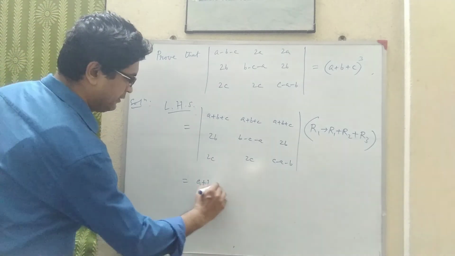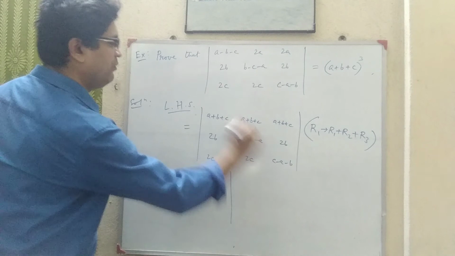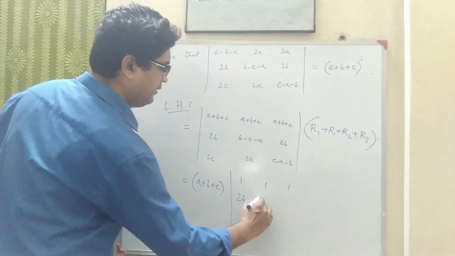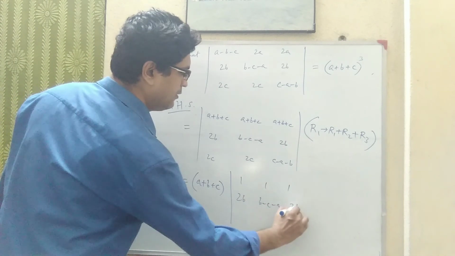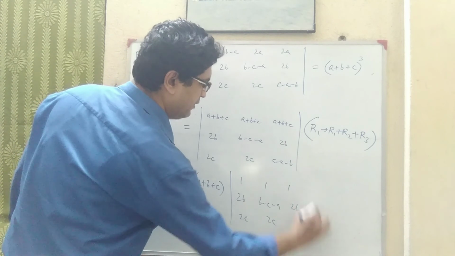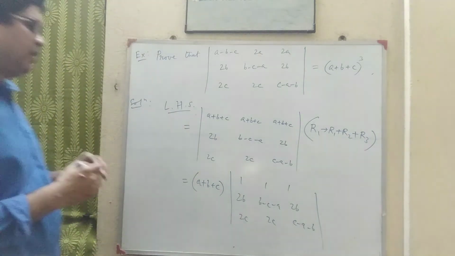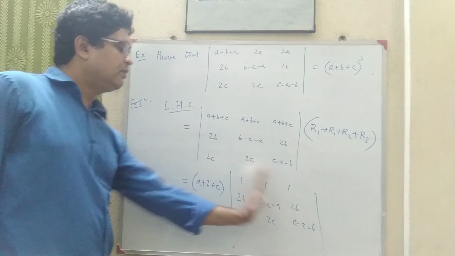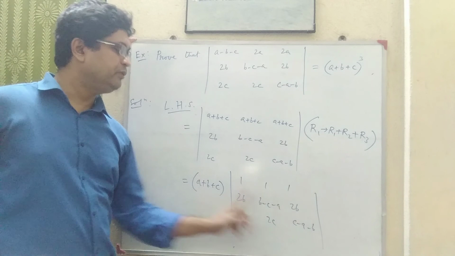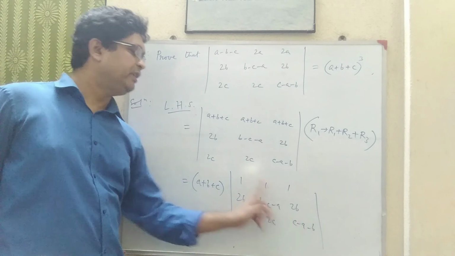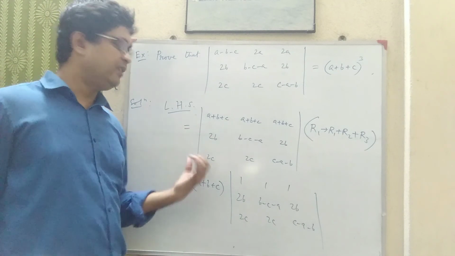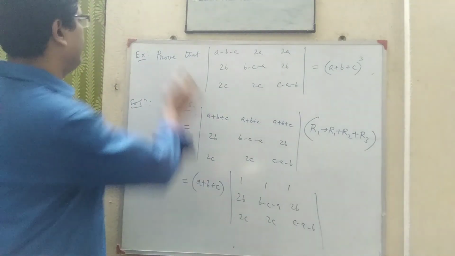A plus B plus C can be taken out common, and we have 1, 1, 1, 2B, B minus C minus A, 2B, 2C, 2C, C minus A minus B. Now, once we have got 1, 1, 1, then we can apply column operation, that is, subtract the two columns here, C1 minus C2, then it will become 0, and C2 minus C3, then this will become 0, and we will get 2 zeros, and after getting 2 zeros, you will expand and you will get the required result.